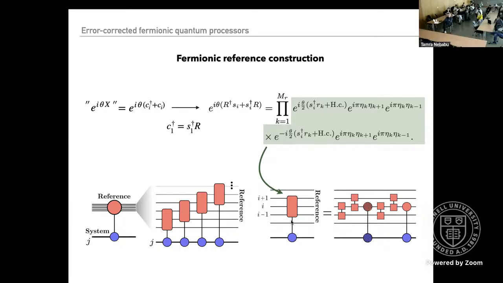Right. But is there a different kind of code other than the repetition code? That's a very good question. So first of all, I've been showing the construction for a repetition code because it's the easiest, right. But it can be generalized to any kind of even CSS code. So you can do, for instance, surface code constructions also similarly.